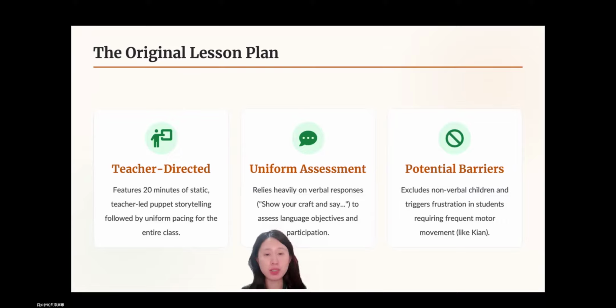For a child like Kian, this original plan is basically a setup for failure. It demands two things he struggles with the most: sitting still and speaking verbally. It excludes nonverbal children and directly triggers behavior issues.